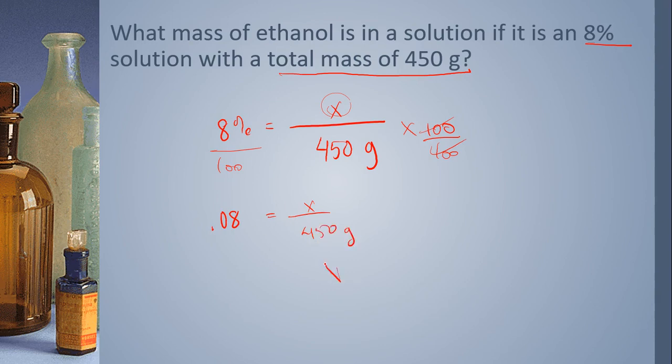Now you're ready to multiply those, and when you do, you will get 36. But let's talk sig figs. If this only has 1 sig fig, then I would only give this 1 sig fig. I know this one has 2, so do your percentages with the same number of sig figs as you have in the problem, and that means to answer it, we would need to say 40 grams.